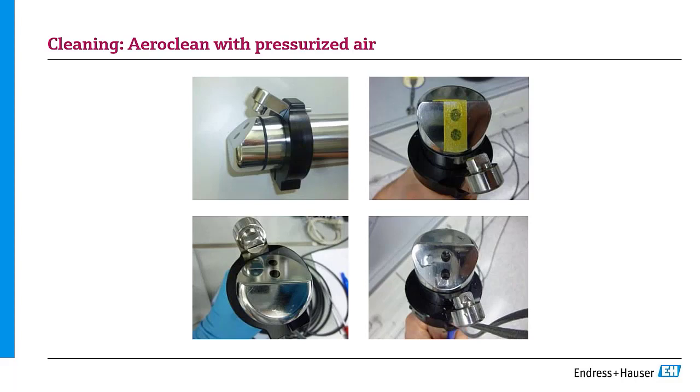So we've worked really hard to try and make this easy and simple for people to use, and to maintain a good measurement integrity. Now the air cleaning can be used when we have our sensor in an immersion style measurement. And for the air cleaning, we have to have at least one relay in our transmitter. And once you have that one relay, it's all part of the standard features of our transmitters.